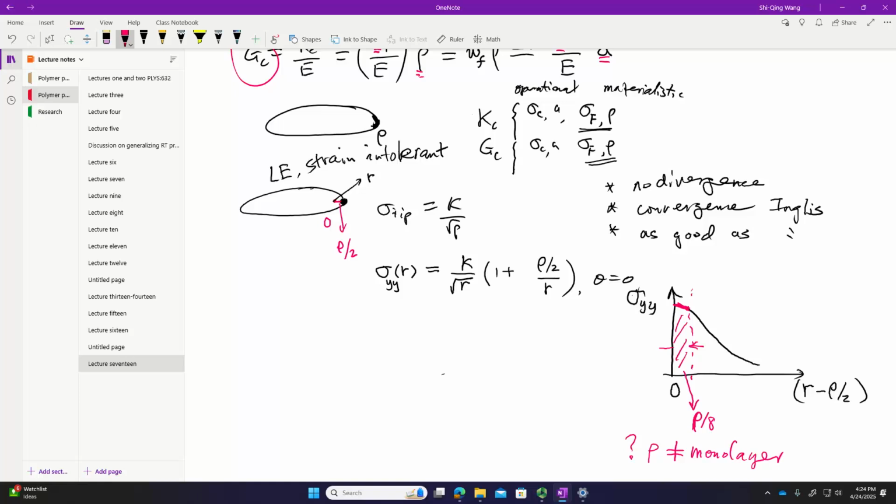This is the theoretical result. It contains pretty important information. Now come back to Earth. You go to your lab, and you try to make a notch, the Inglis kind of notch. That's hard to do. But basically you can, on the side, try to introduce a notch into your sample. It could be a rubber too.